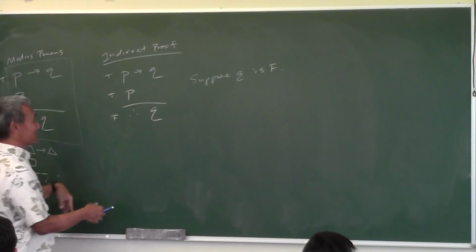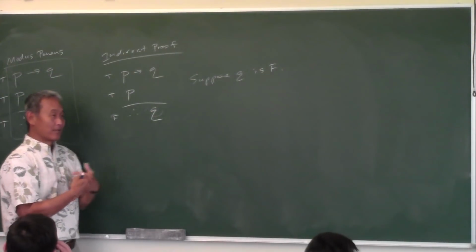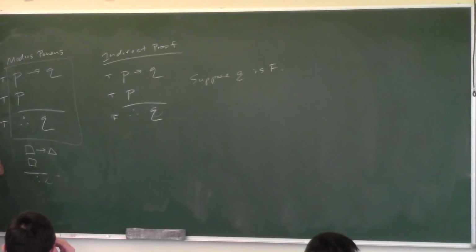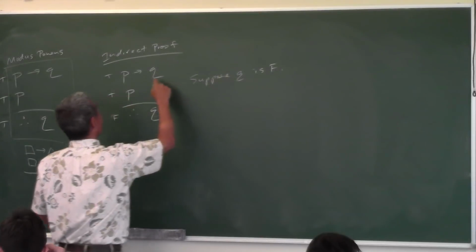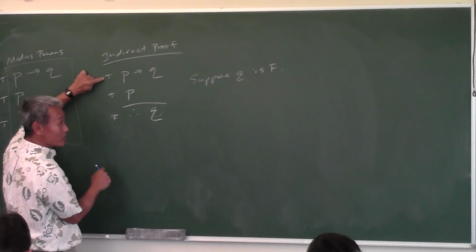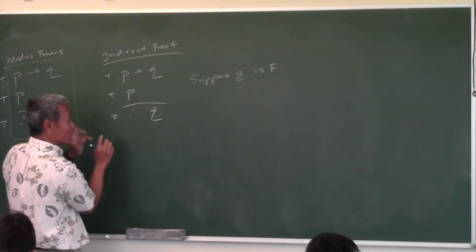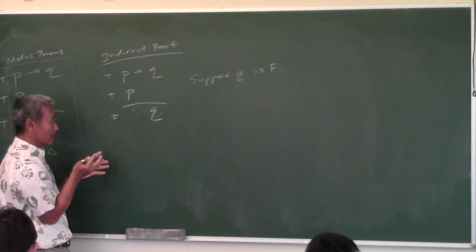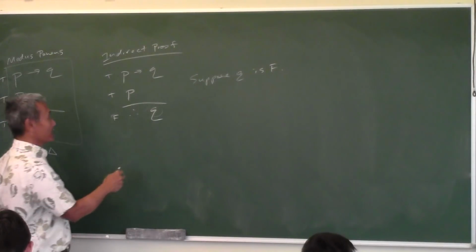Okay, anyways, getting back to this. Whatever your conclusion is, let's suppose it's false. Now, why don't I just do the proof, and you can see how it works. You have to remember, this is a true statement, this is a true statement, then this has to be true, but we're supposing that it's false instead. So your goal is to come up with some kind of contradiction.